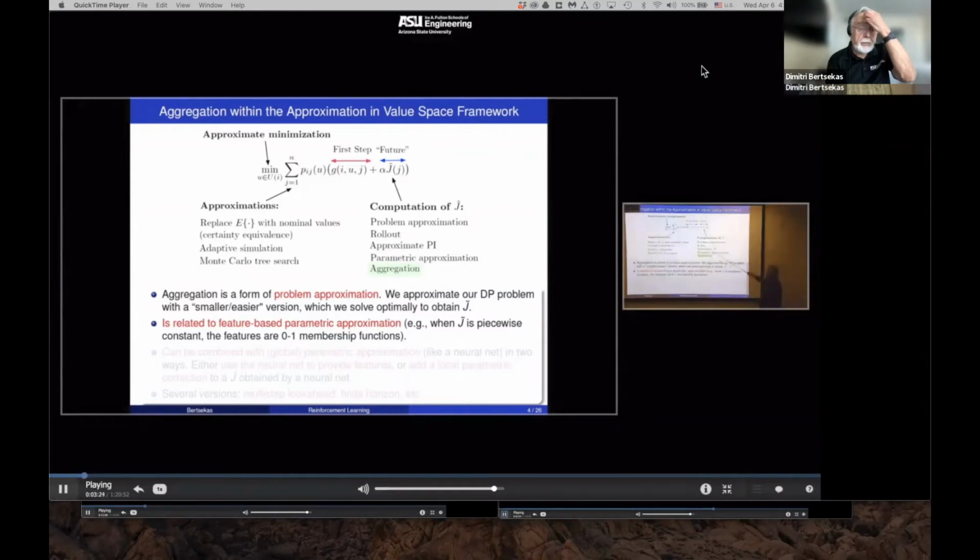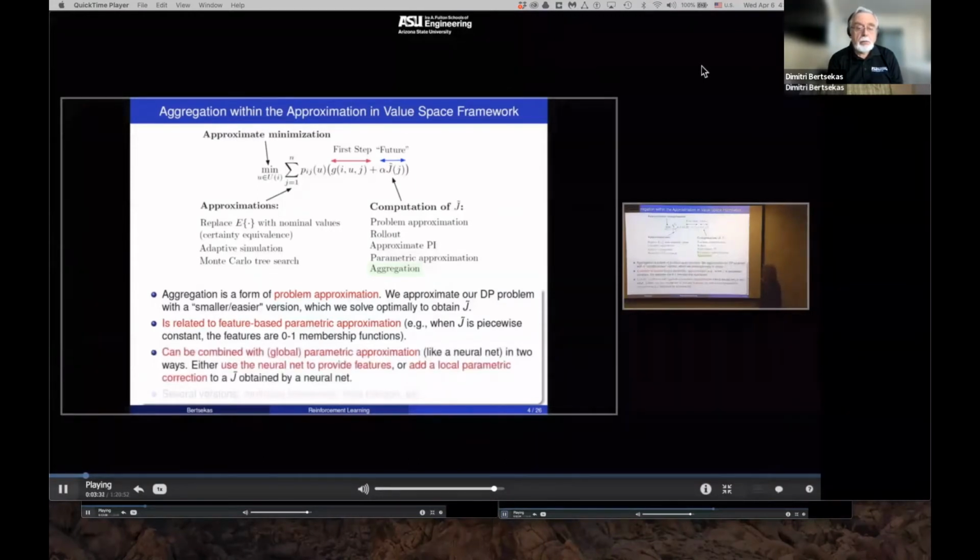So there is a relation of aggregation with this, and not only is there a relation to parametric approximation, but it can be combined with parametric approximation, like a neural network, for example, in 2 ways. We can use the neural network to provide features for feature-based aggregation, or we can add a local parametric correction to J tilde, like a piecewise constant approximation, to a J tilde obtained by a neural network.